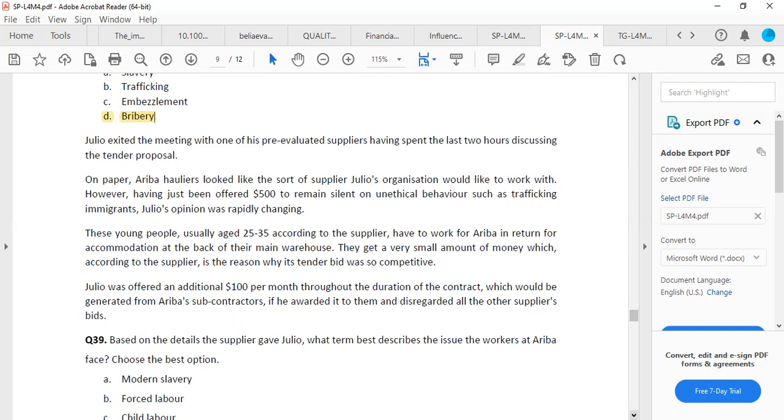However, having just been offered $500 to remain silent on unethical behavior such as trafficking immigrants, Julio's opinion was rapidly changing, because he has been given $500.